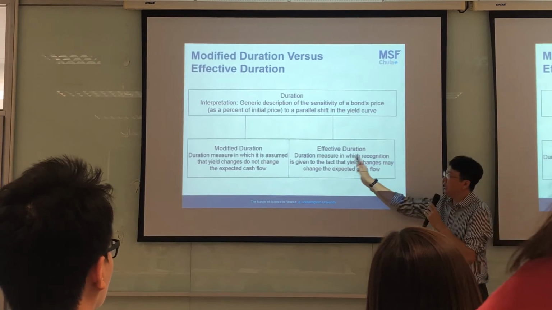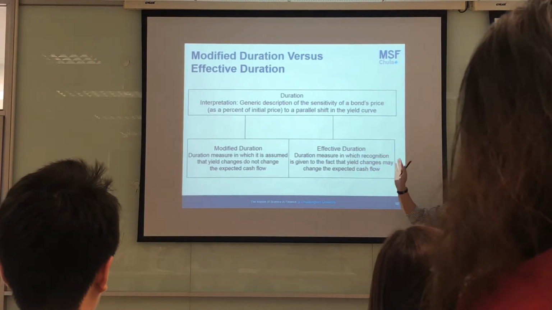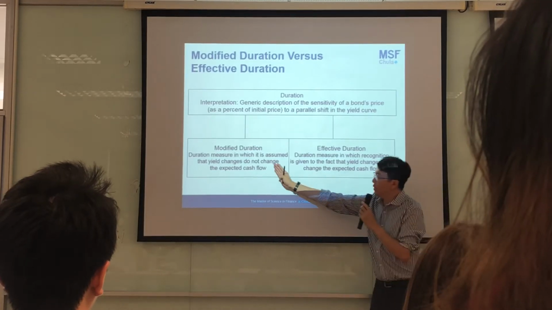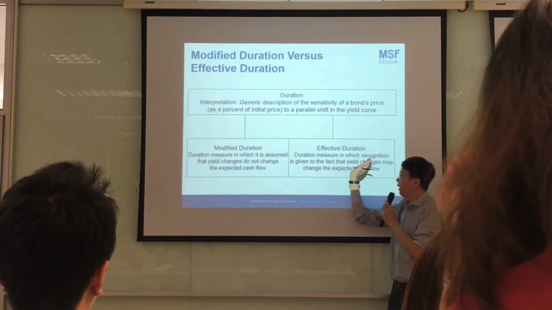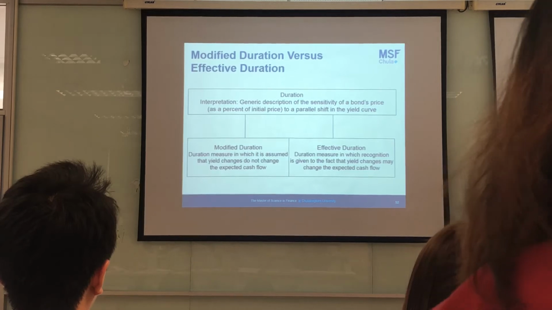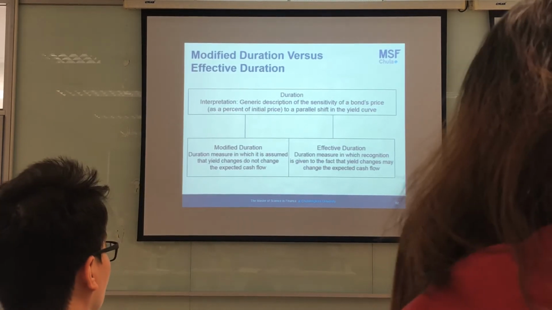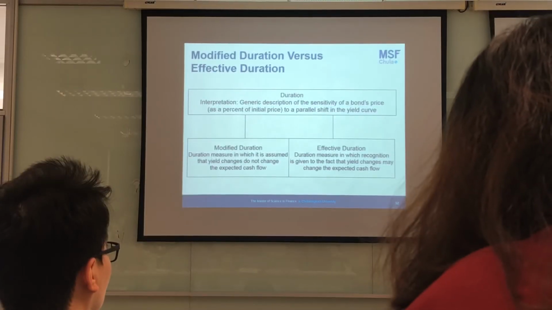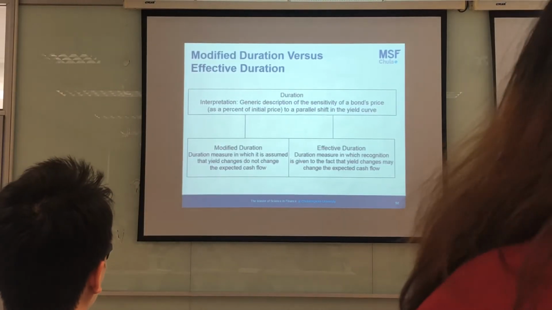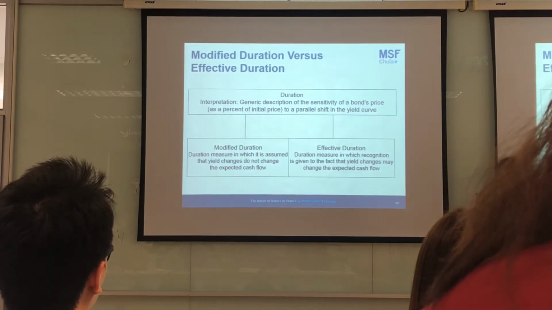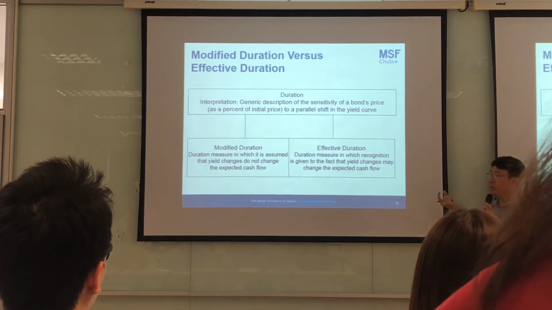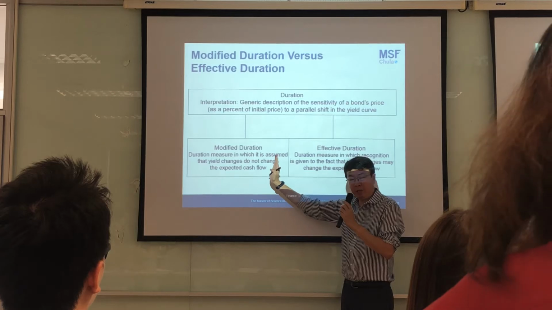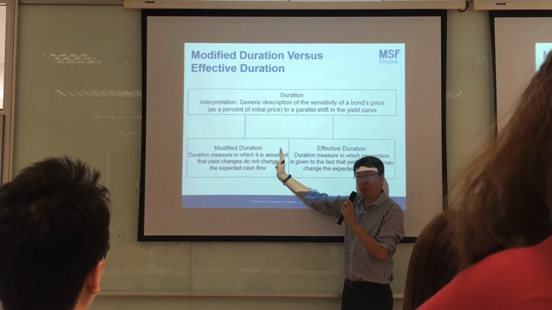So this slide basically tries to explain in a bit more detail the difference between modified duration and effective duration. For the modified duration, when you estimate it by using the modified duration formula or the approximate duration formula, we assume that the bond will be held until maturity.